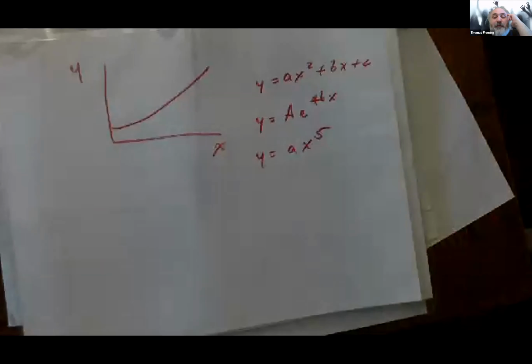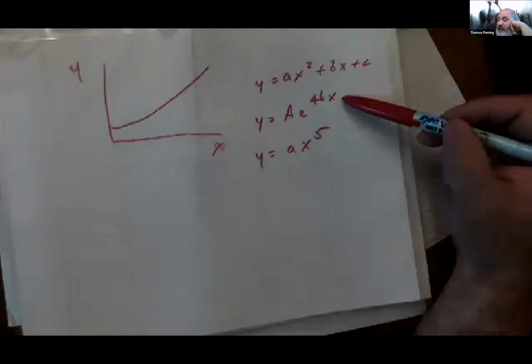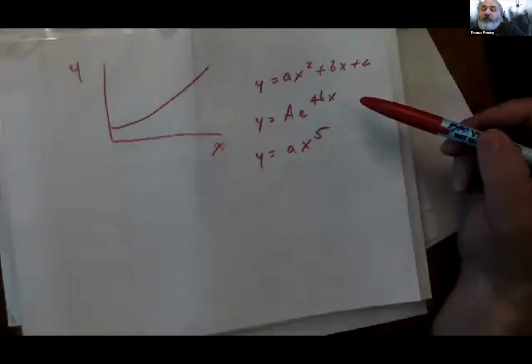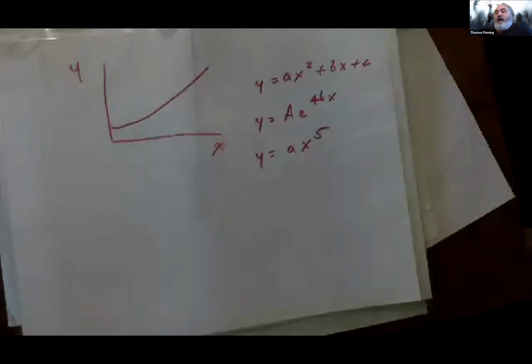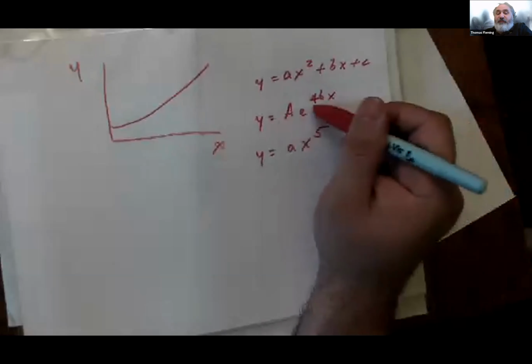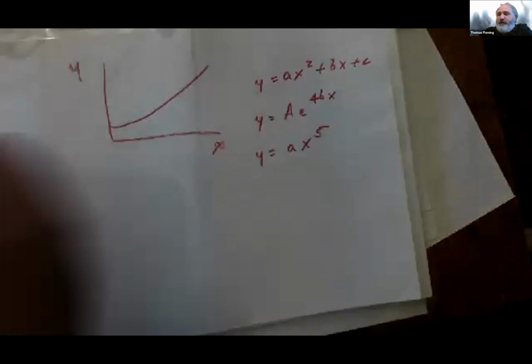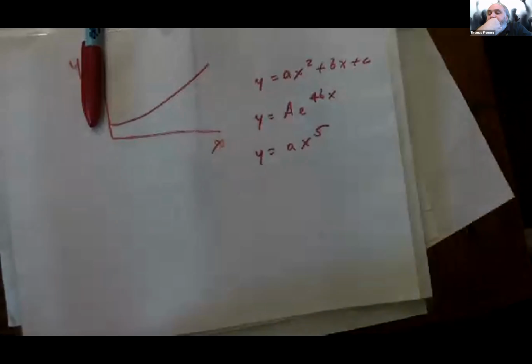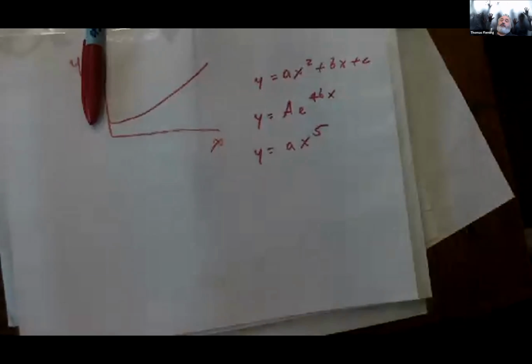I'd like to be able to figure out what it is without having to make guesses, because if I guess one of these wrong, it's entirely possible that I may end up finding a workable value of these constants that makes it look like a good fit, but maybe it's not. So there's a trick that we often use in physics when fitting curves.